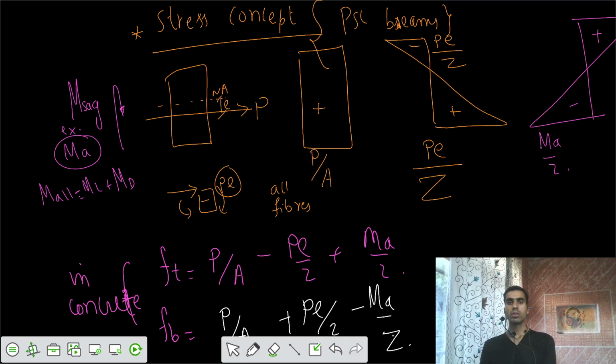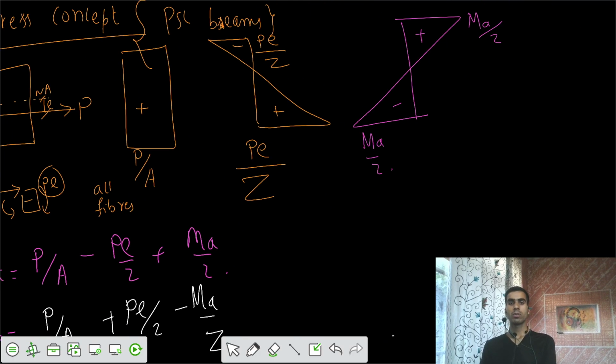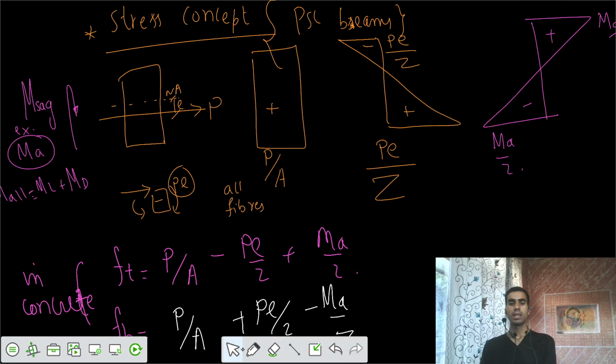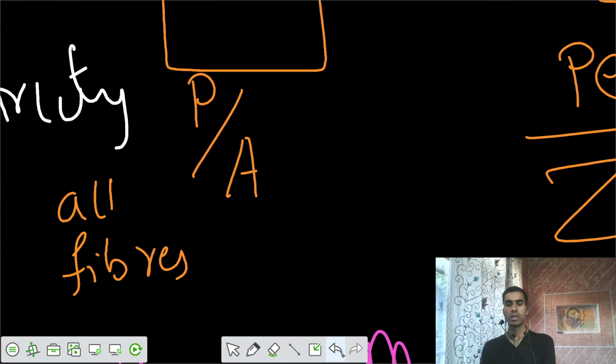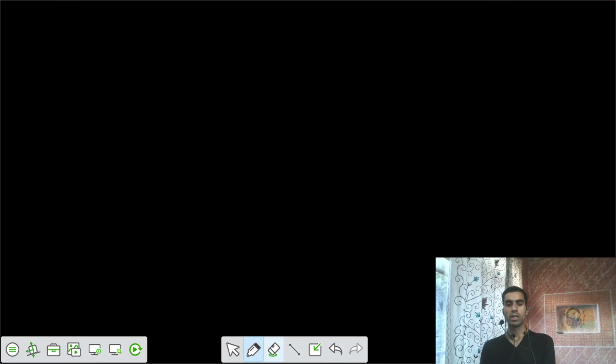And if this was your eccentric tendon, that means the tendon is having some eccentricity. Now the second case is if there was no eccentricity, that means the tendon is concentric.